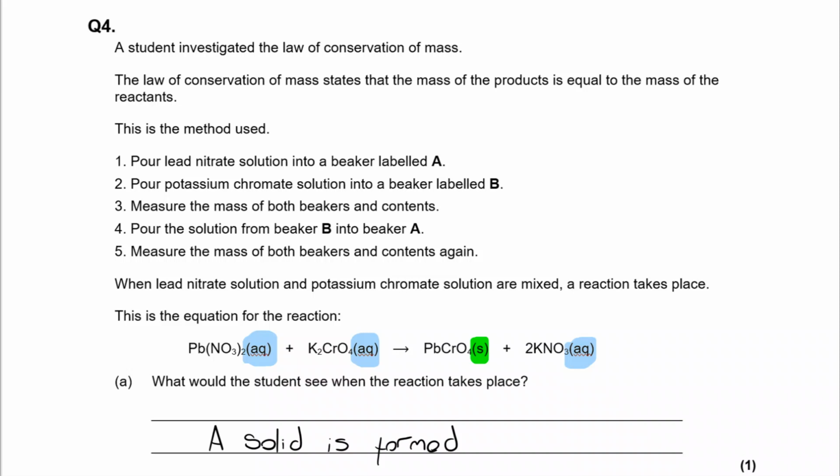So if there wasn't a solid before, we are going to see a solid formed. You might well say here precipitation. You could arguably talk about crystallization because it is an ionic compound and we would see crystals forming. But we need this answer to relate to the idea that there is a solid formed.